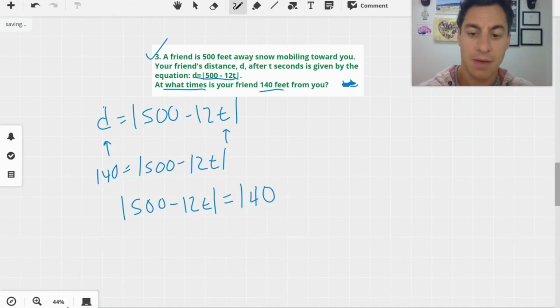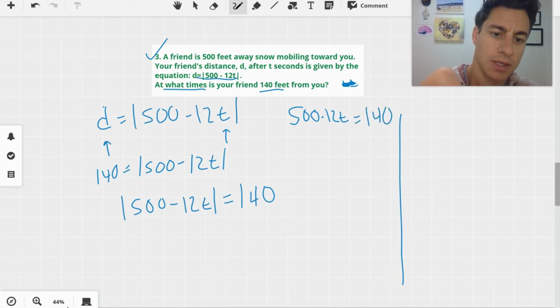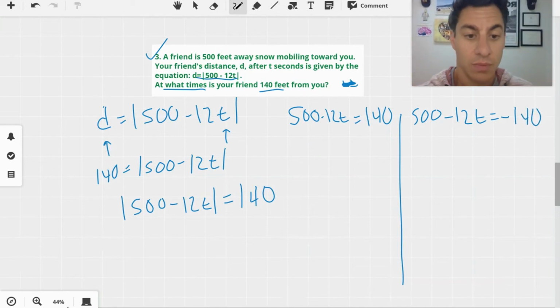Now we can write our two equations. Split screen. Not really, but splitting the screen. 500 minus 12t equals 140. And then the other equation we write is 500 minus 12t equals negative 140. We work this out.